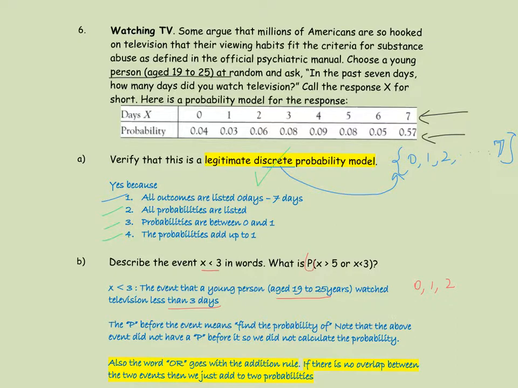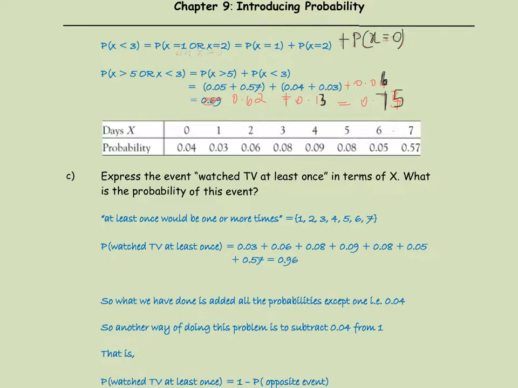Now if you see the letter P, uppercase P, in front of an event, then that means you need to figure out the probability of that particular event. So we're trying to find the probability that x is greater than 5 or x is less than 3. The two events, x greater than 5 and x less than 3, are clearly disjoint because the two cannot happen together.